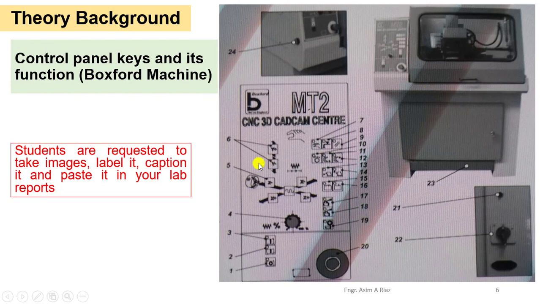The fifth is these jog axis control buttons: Z plus, Z minus, X plus, X minus. In between is what is called the jog button, which has a sinusoidal sign. It will increase the speed if you simultaneously press this button with the axis button.